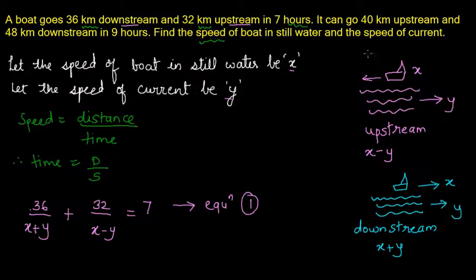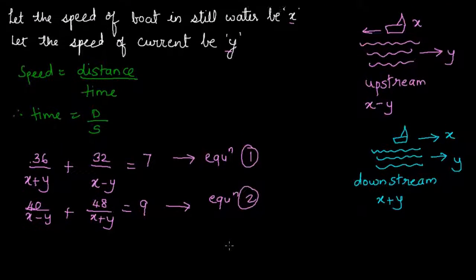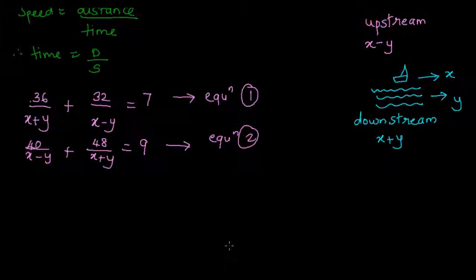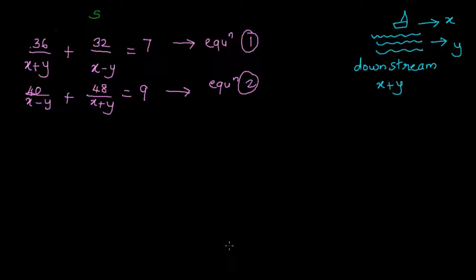Same way we will make equation 2. Equation 2 becomes 40 upon x minus y plus 48 upon x plus y is equal to 9. This becomes our equation 2. Now we will be solving equation 1 and 2 to get the values of x and y.